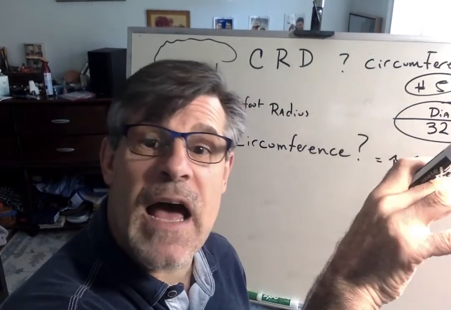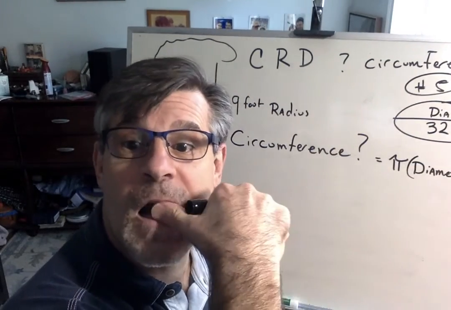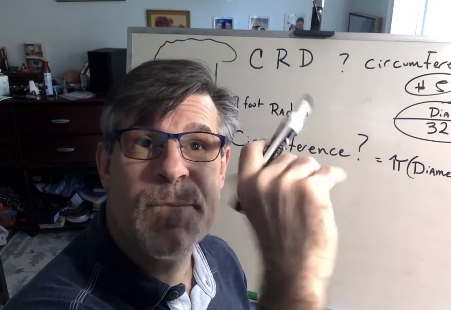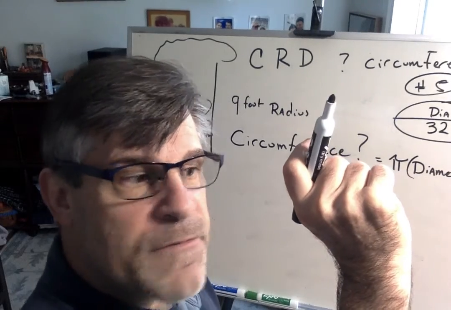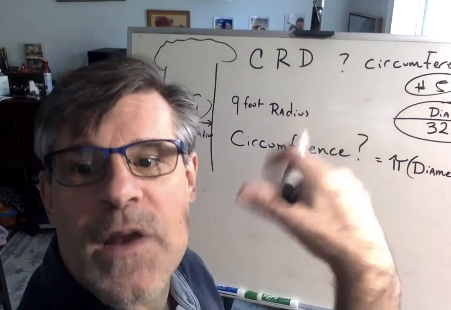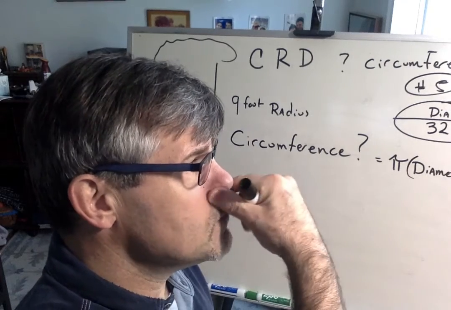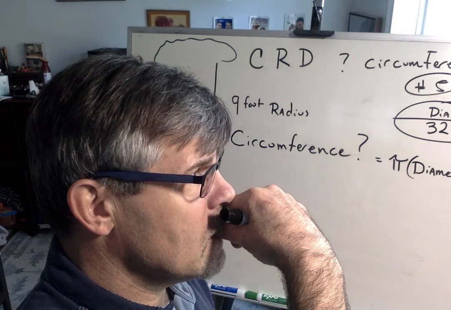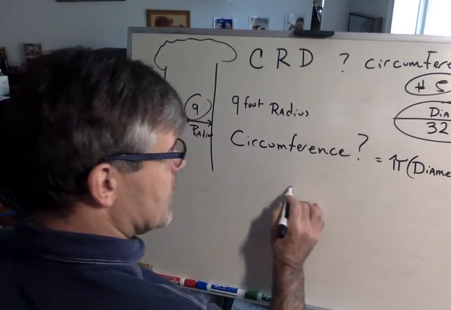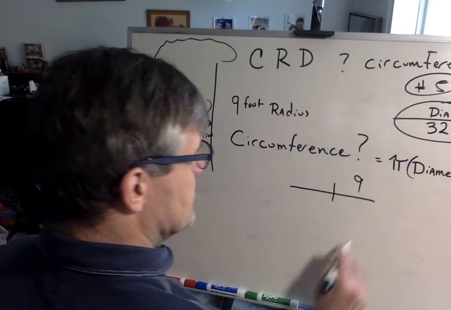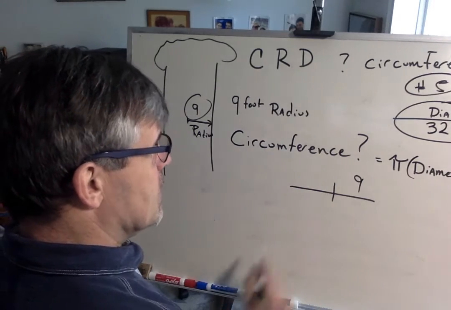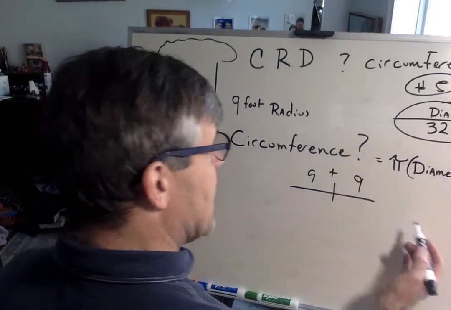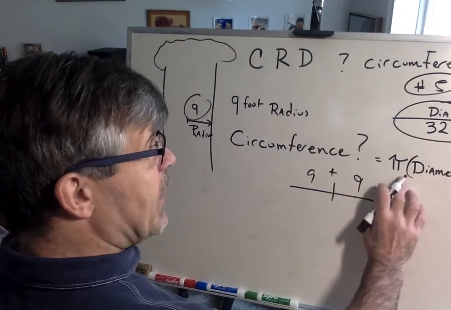So if the radius is 9, what's the diameter? If half is 9, what is the whole? Here's half, and this is 9. What's going to be over here? 9. Okay, what's 9 plus 9? 18. Cool. So now you know the 18 is diameter, so we have to do pi times 18.